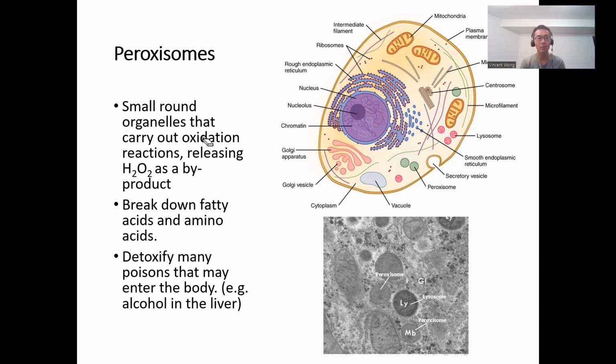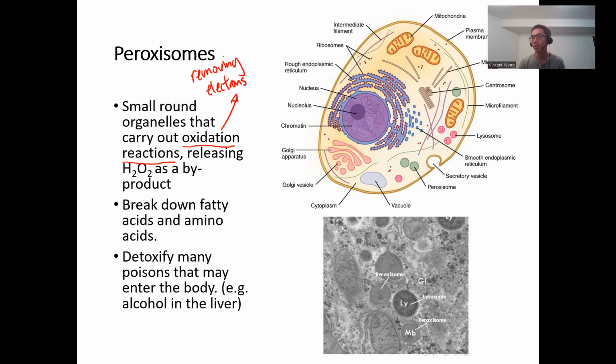So these peroxisomes are small round organelles, and they carry out oxidation reactions. Okay, oxidation reactions are reactions that involve removing electrons from molecules, and in removing electrons, you break them down essentially.